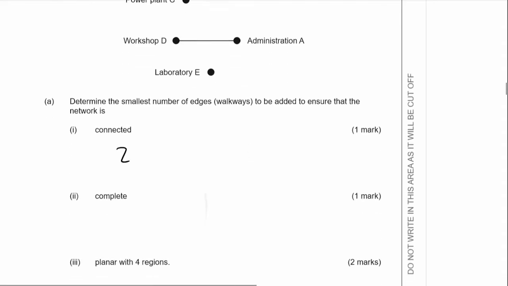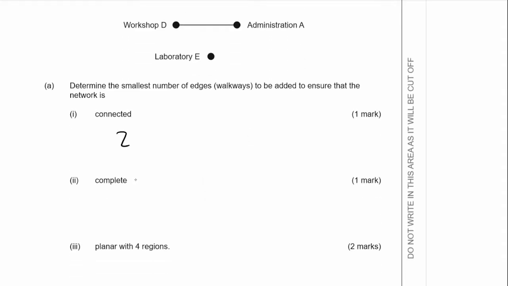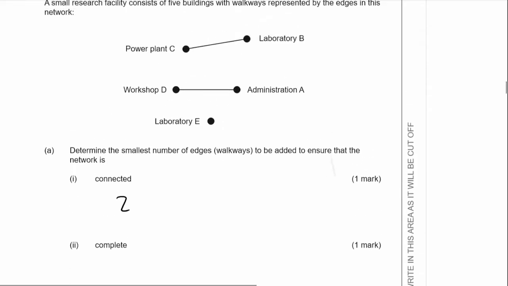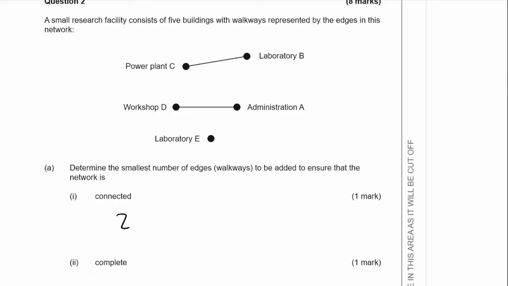Complete. Complete means there exists an edge from every vertex to every other vertex. That means that they all have to be connected. So all we need to do is make sure that each of these is fully connected.